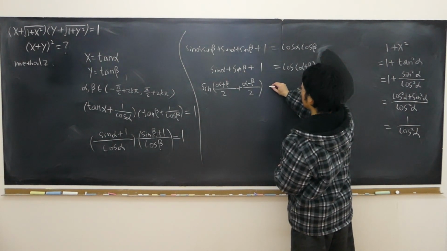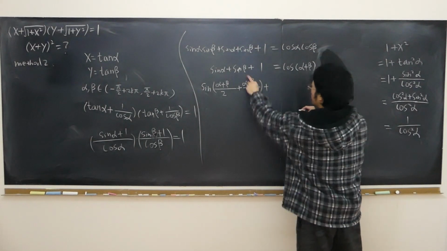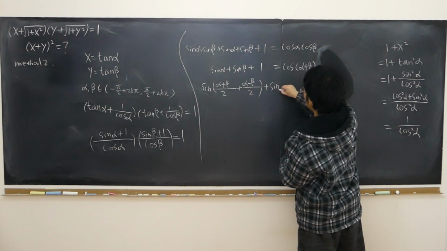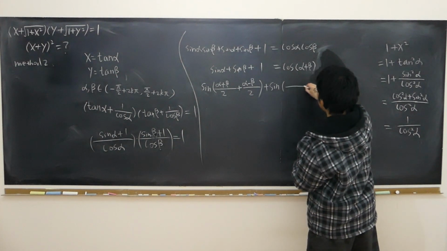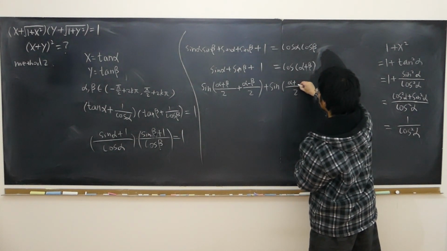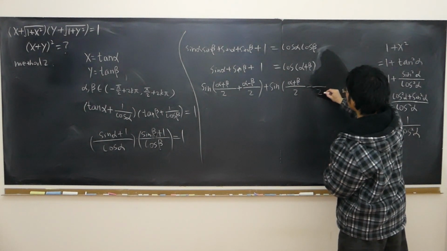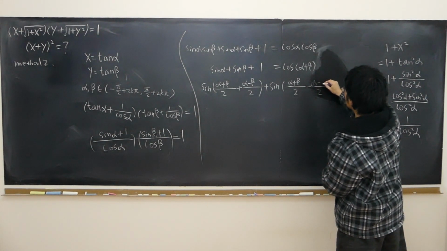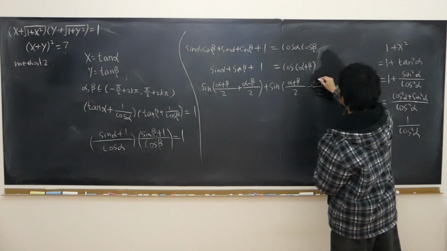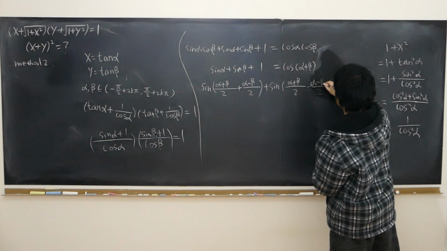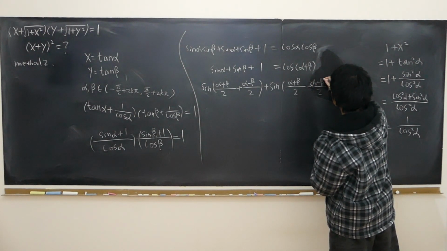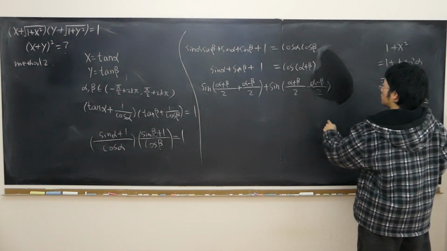So I can write sine beta as sine of half of alpha plus beta minus half of alpha minus beta. Just double check that.